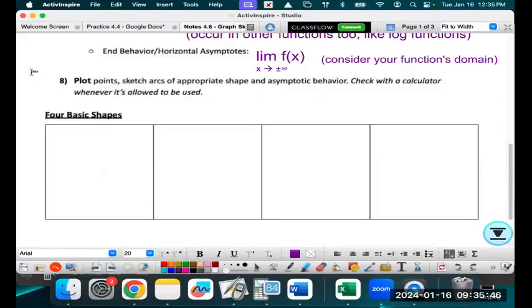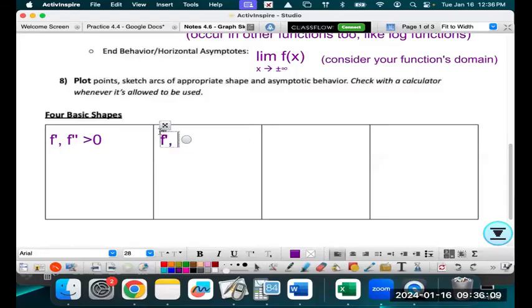I do also want to talk about the 4 basic shapes that we could get from our increasing decreasing combinations. So let's go with if you have a positive derivative and a positive second derivative.